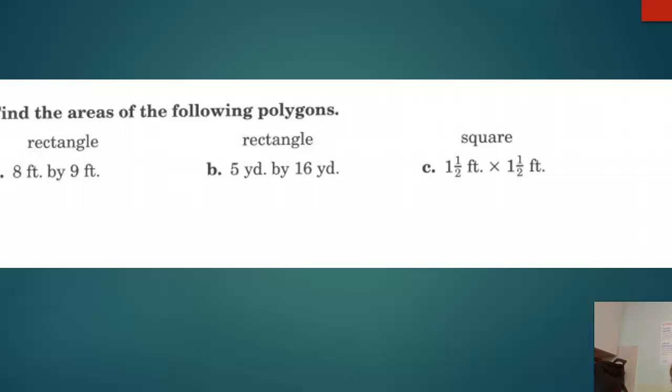For letter A, let's have JL and Melvin come do letter A. Let's have Jenna and Jace come do letter B. And let's have Leilani and Mario come do letter C.